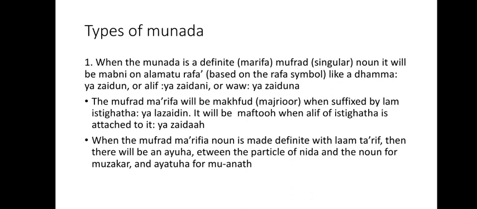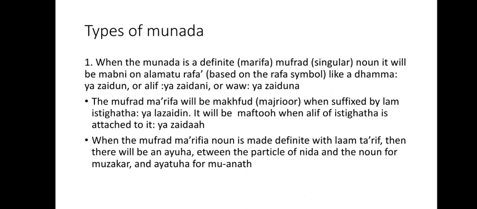So it will be based on the rafa symbol, like a dhamma. So it depends on what type of word it is. Is it munsarif? Does it have a harf illat on it? Is it dual, plural, or is it feminine? And in this example, Zayd is being used again because it's ma'rifa, it's a proper noun, and it's singular, and it's represented by a dhamma. So you'll say ya Zaydun.